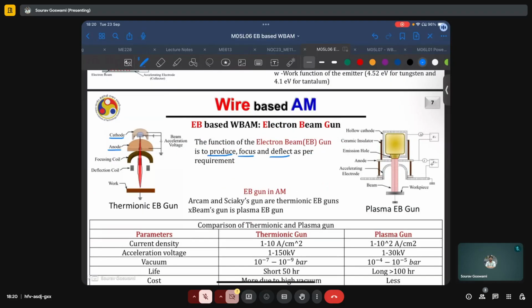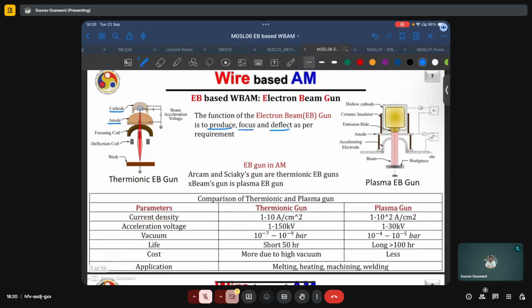A similar mechanism is also available for the plasma based electron beam gun, where again we have a region for emission, and then we have the accelerating electrodes, which further accelerate and focus and deflect the beam as per necessity.